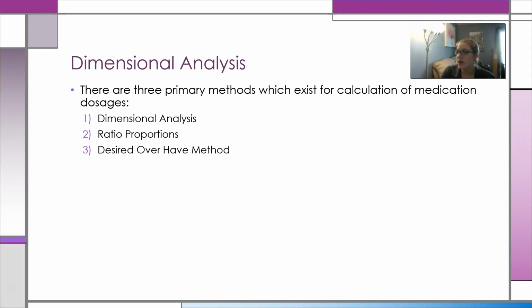Now those two other methods we're not going to talk about, but I just want to make you aware that there are pros and cons to each method, and some methods are better used for certain areas and some are used for other areas. Dimensional analysis will work for all methods, and it's best used when you need to convert from one unit to another unit.